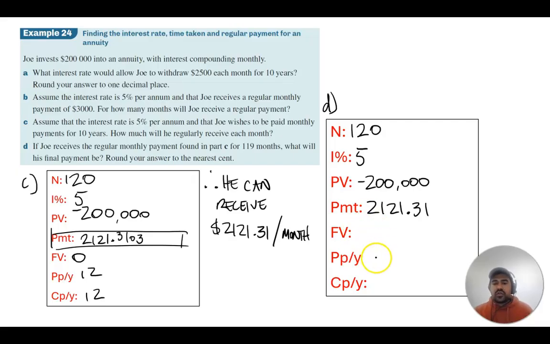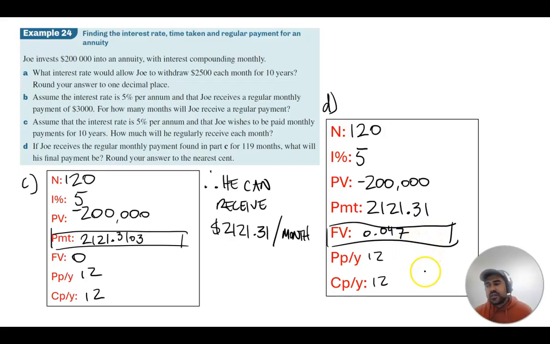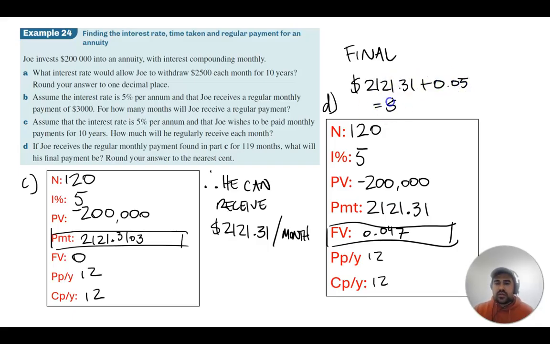And what we're trying to look for is what this future value will be. When you put these amounts in, you will get 0.047, or a measly 5 cents. So his final payment will be whatever his usual payment is, plus 5 cents. So this will equal 2121.36.